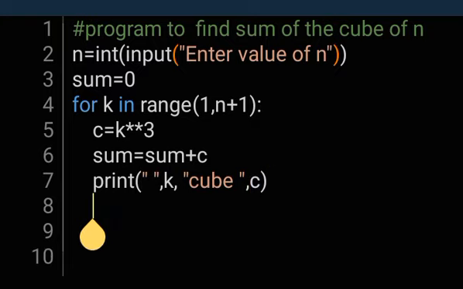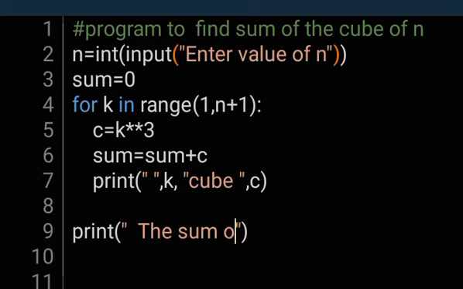So at the end of the loop, I want the result to be printed out, which is in quotes, "the sum of the cube is", is equal to sum.